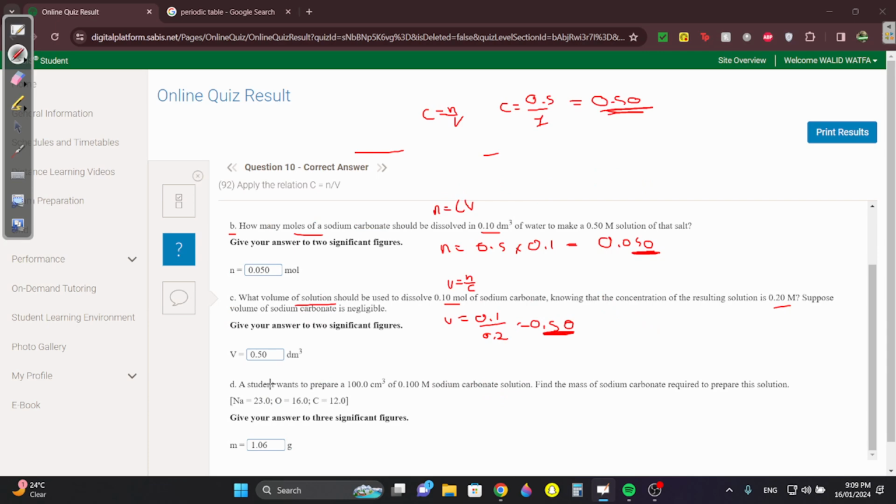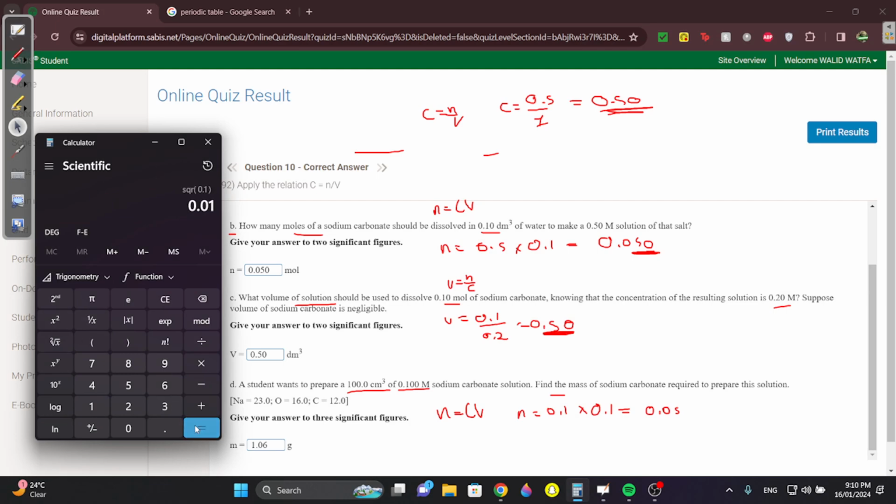A student wants to prepare 100 cm³ of 0.1 molar solution. Find the mass. First we need to find the moles. How do we find the moles? n equals CV. So n equals the concentration 0.1 times the volume, which is 0.1, because you have to make it dm³. I think that's 0.05, if I'm not wrong.